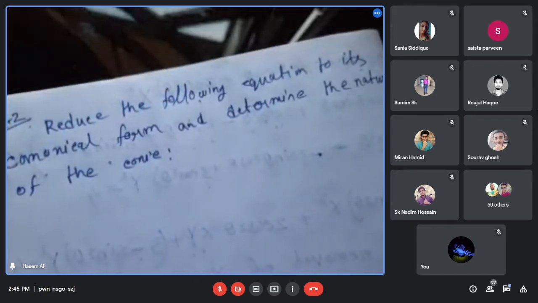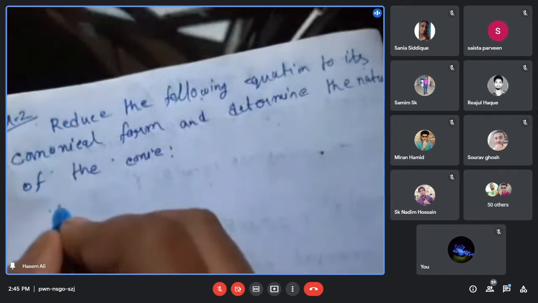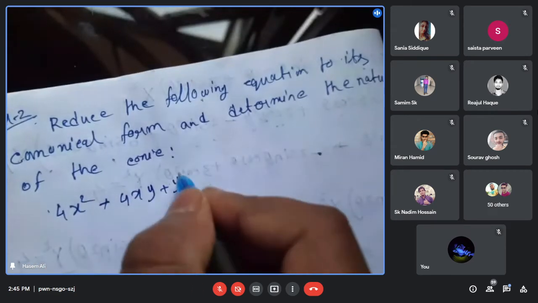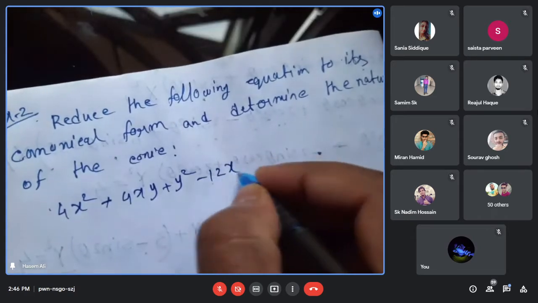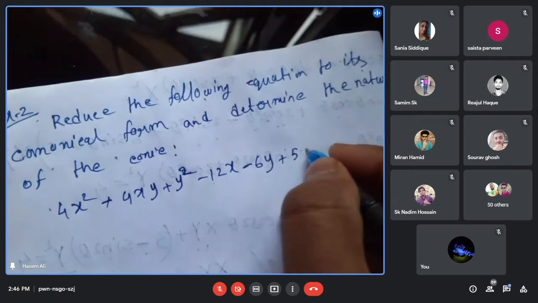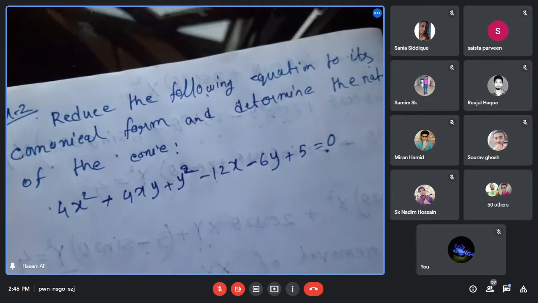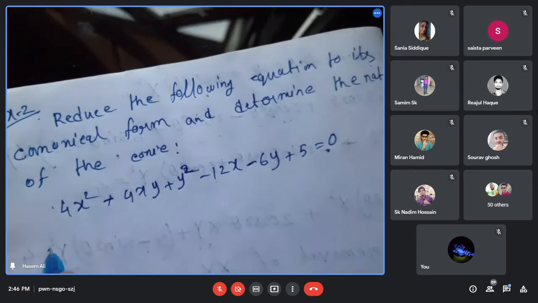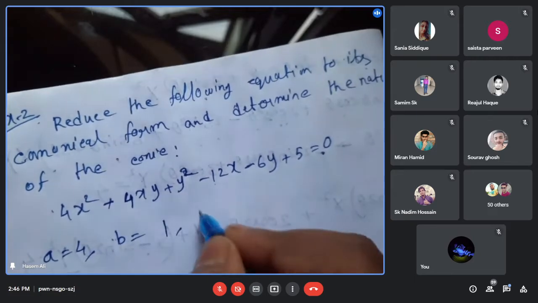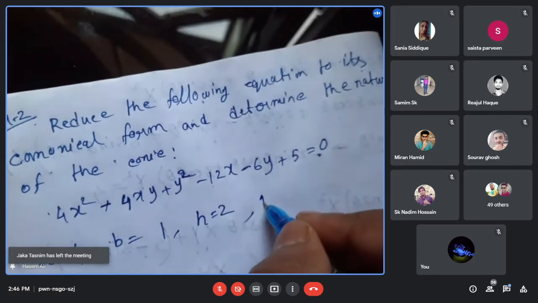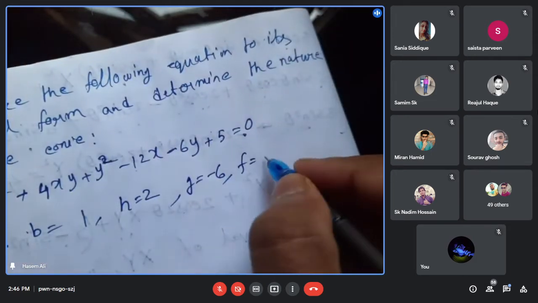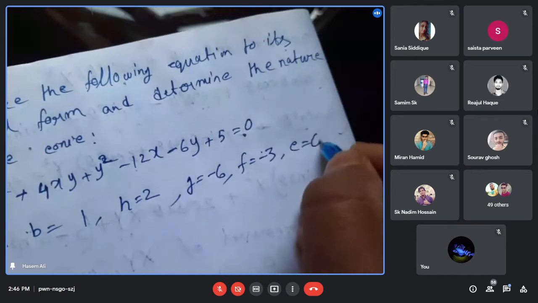Determine the nature of the conic: 4x square plus 4xy plus y square minus 12x minus 6y plus 5 equals 0. So here a equals 4, b equals 1, h equals 2, g equals minus 6, f equals minus 3 and c equals 5.